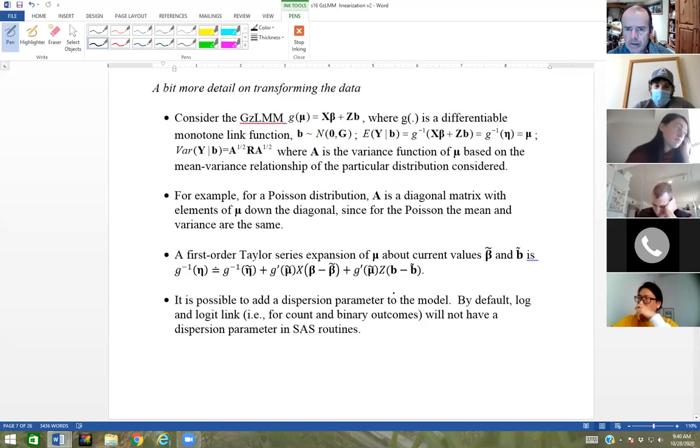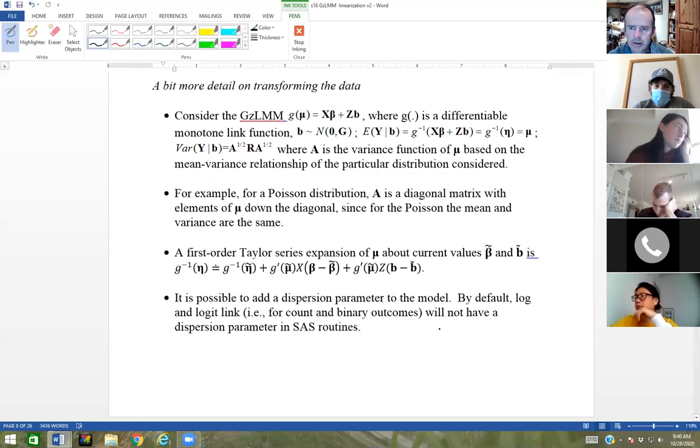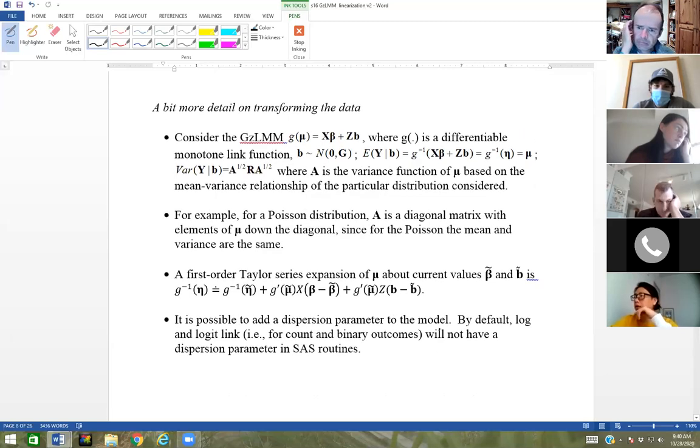So here is the slide that gives you a little more detail on the Taylor series expansion. We take the generalized linear mixed model and we consider the mean of that model. If we do a first order Taylor series expansion of mu about current values, call it beta tilde and b tilde, so those are the fixed effects and the random effects, we get this expression based on the Taylor series expansion.